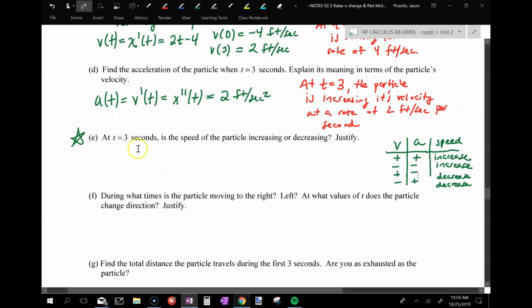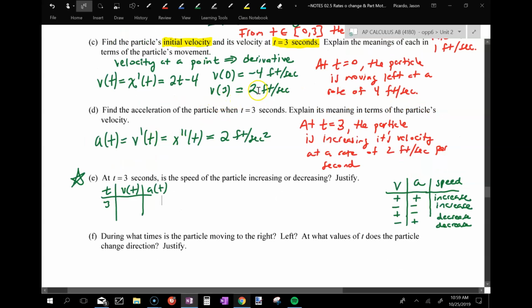So here's what I got. At 3 seconds, what was my velocity at 3 seconds? Well, let's go up here. Velocity at 3 seconds is 2. What's the acceleration at 3 seconds? 2, right?